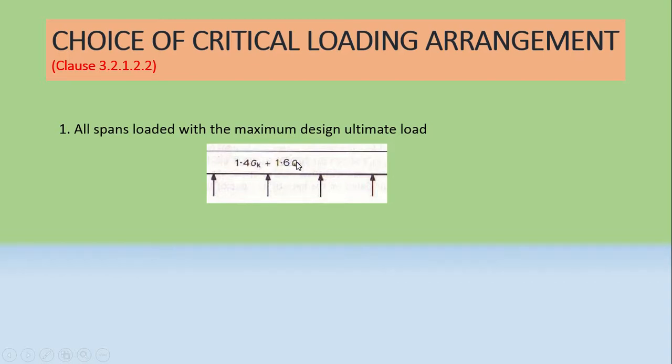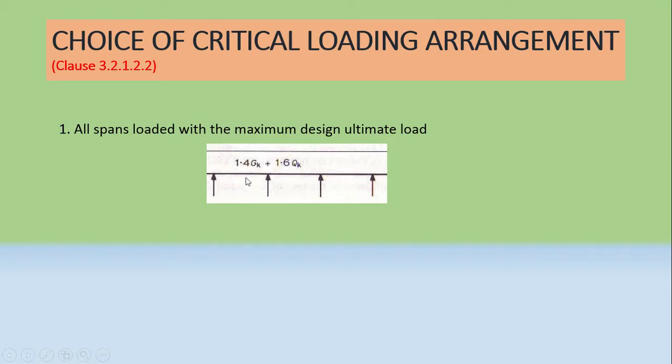Why have we factored? These factors are safety factors, to take care of sudden increases of loads. That is why we use these factors. We design the ultimate limit state with higher loads than the actual loads.